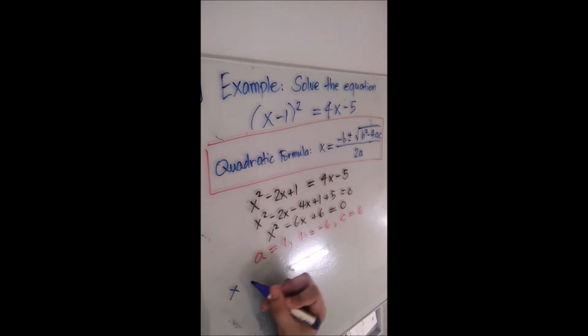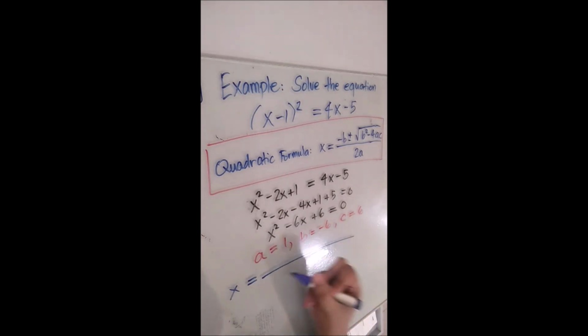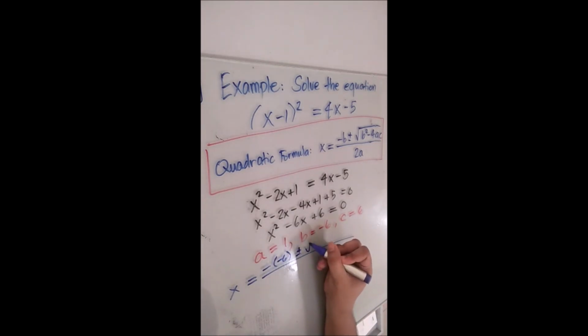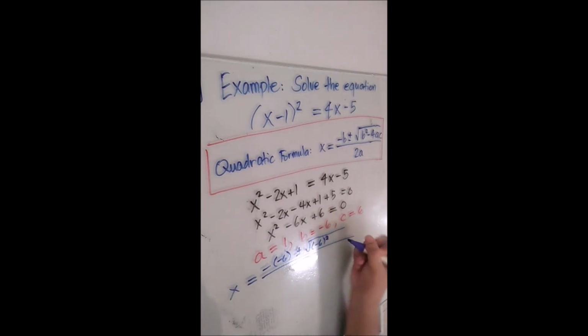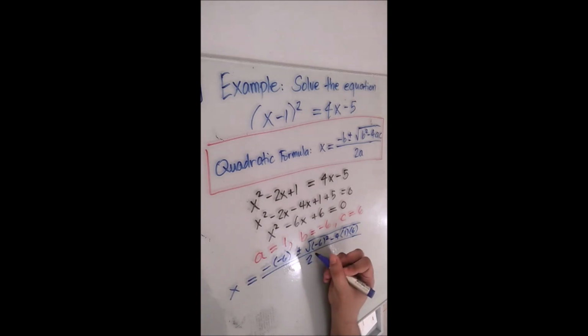So we have x is equal to, your b is negative 6, plus or minus square root of negative 6 quantity squared minus 4 times a is 1 and c is 6, all over 2 times a, which is 1.